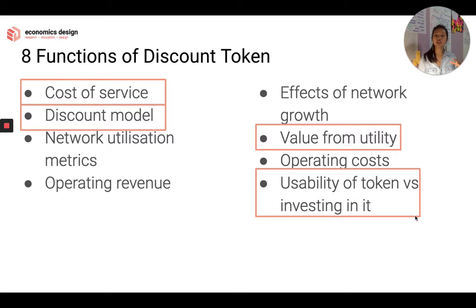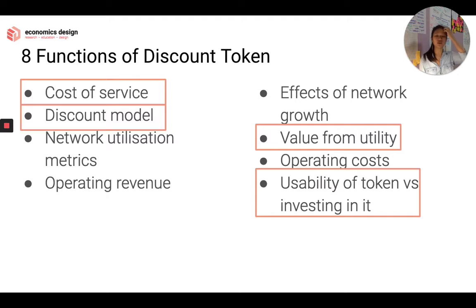And there are 8 functions of a discount token. I go into all the details in the lecture notes: cost of service, discount model, network utilization matrix, operating revenue, effects of network growth, how we model that into the valuation of tokens or the valuation of the discount, the value from utility, how an increase in utility increases the value, operating costs, how we factor operating costs into the operating revenue, and the usability of token versus investing in tokens.